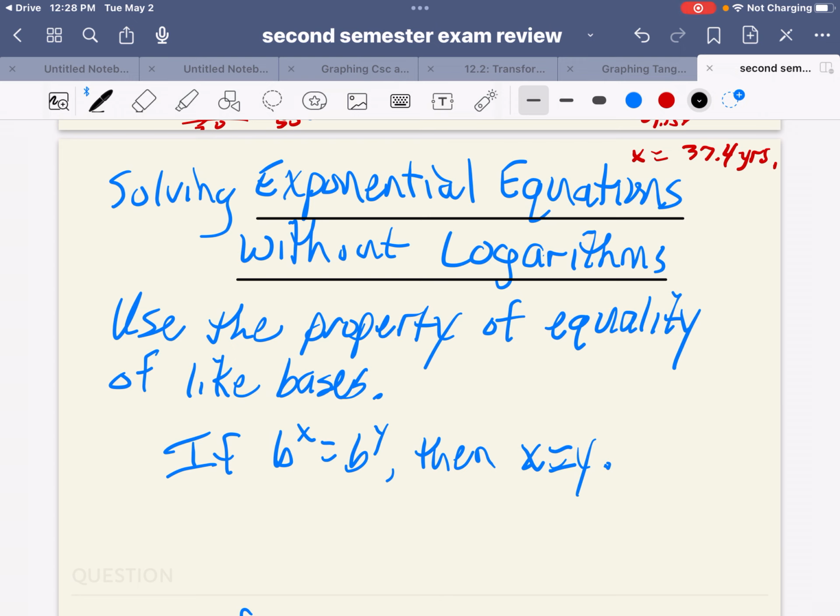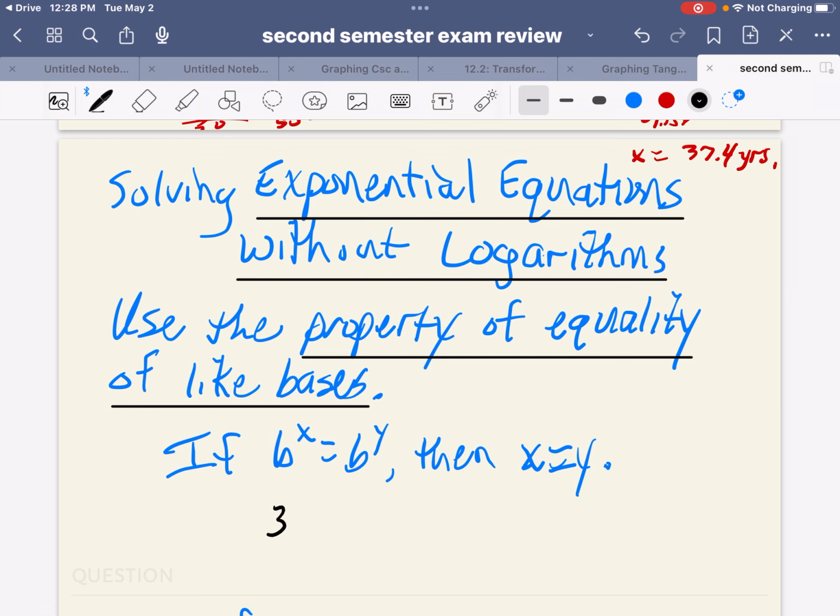So you'll recall I taught you what's known as the property of equality of like bases. The property of equality of like bases says if b to the x power is equal to b to the y power, well, duh, x must equal y.